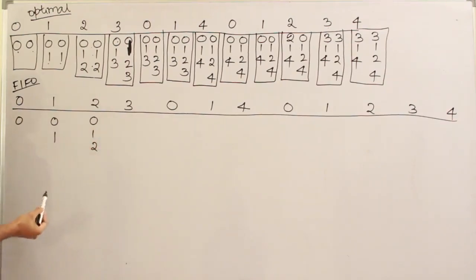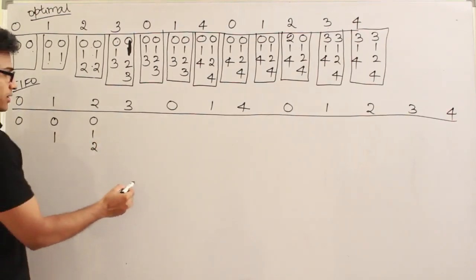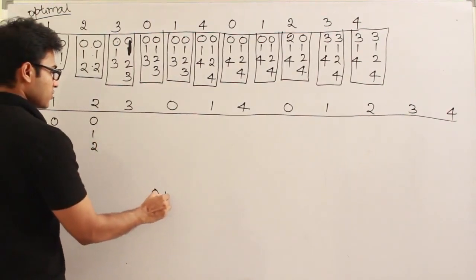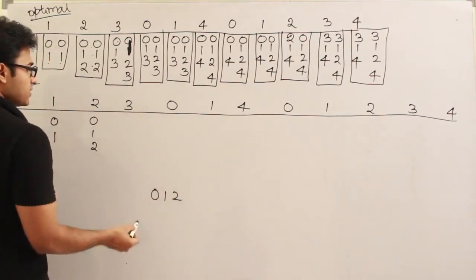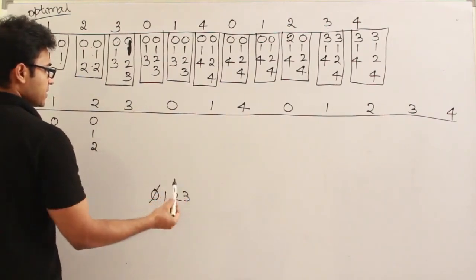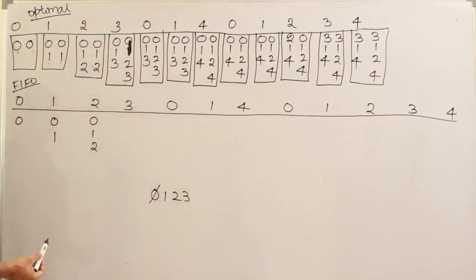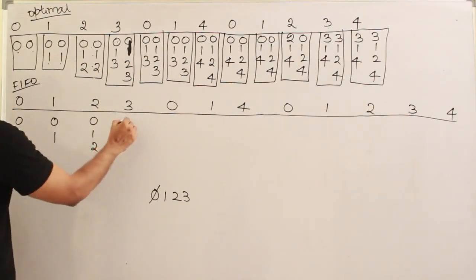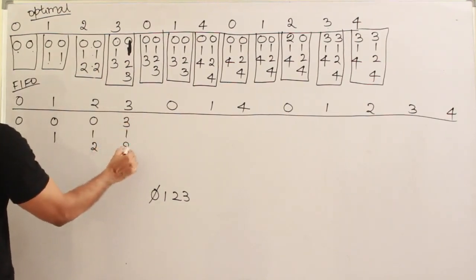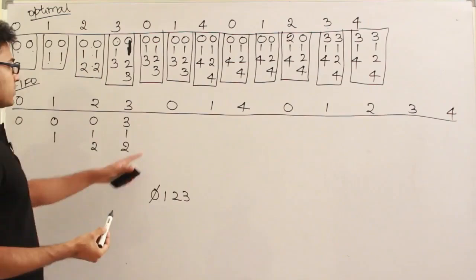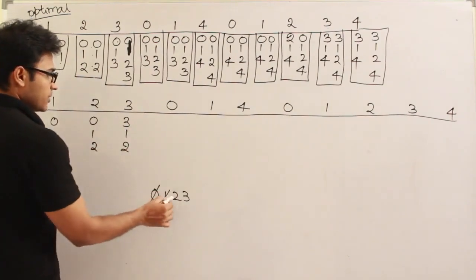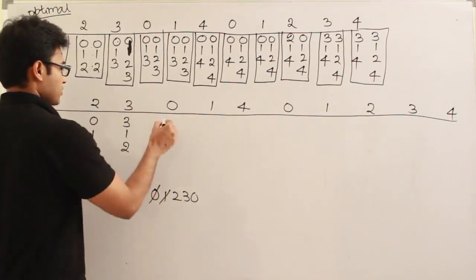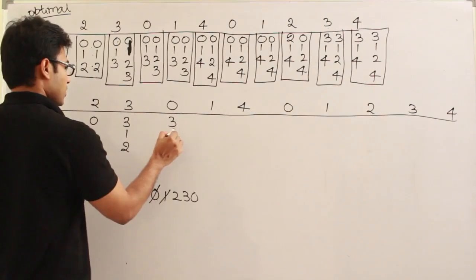The order in which they arrived is 0 1 2. When 3 is referred, 0 has to be replaced and 3 brought in, so I get 3 1 2. And when 0 is referred again, 1 will be replaced and 0 will be brought in, so I get 3 0 2.